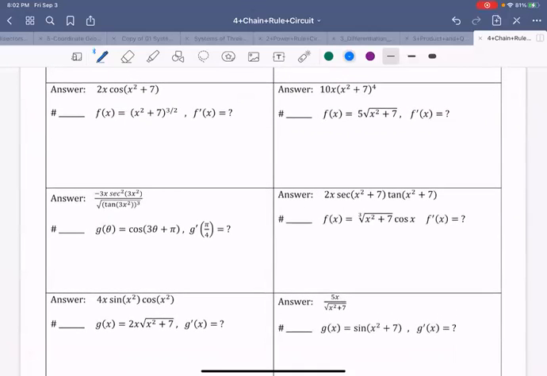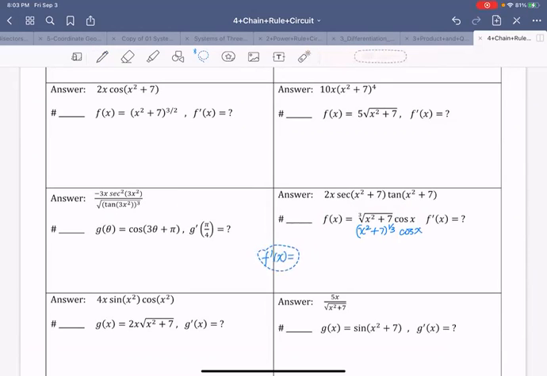Angela, let's do this one. Okay. I think you can rewrite it so it's x squared plus 7 to the power 1/3 times cosine x. Okay. Go ahead.